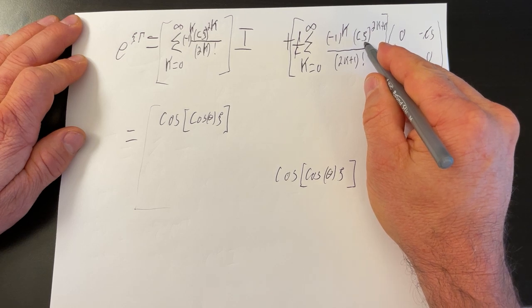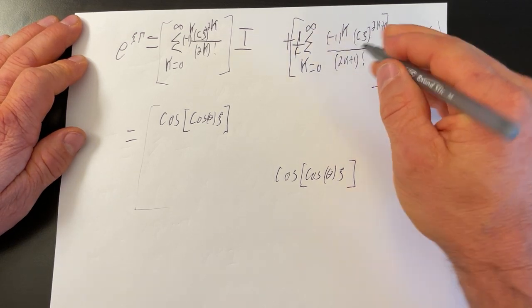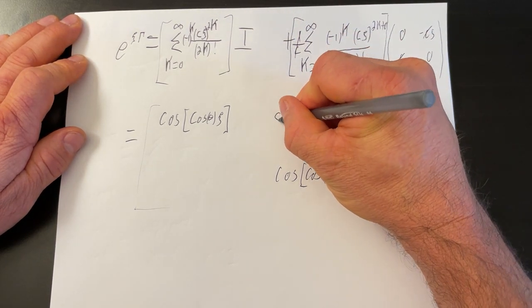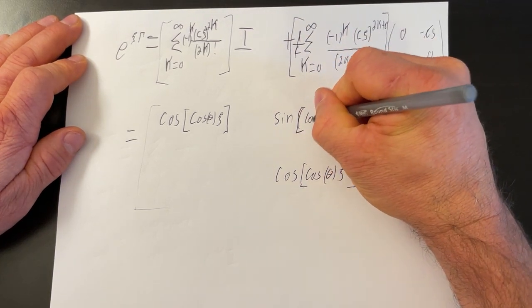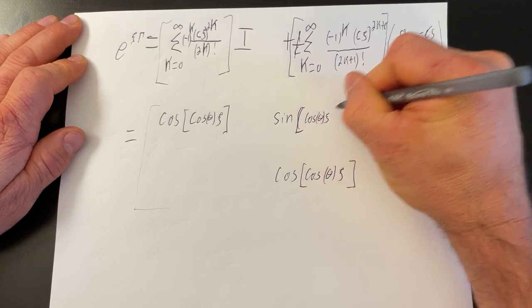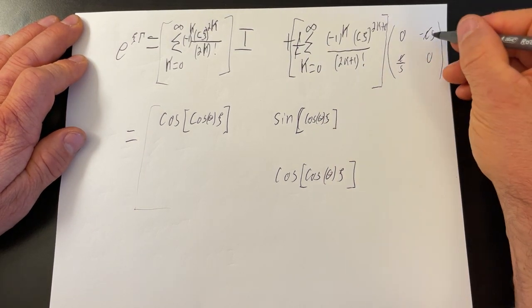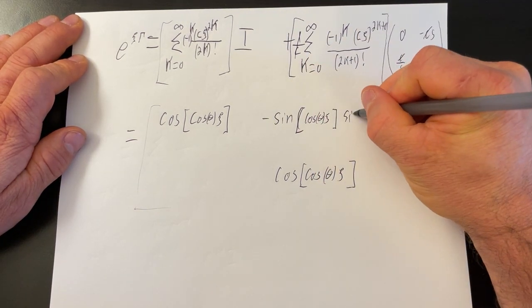This here is the cosine, or sorry, the sine of cosine theta c. Okay, and then we've got that thing on the outside, over here, a negative sine of theta.